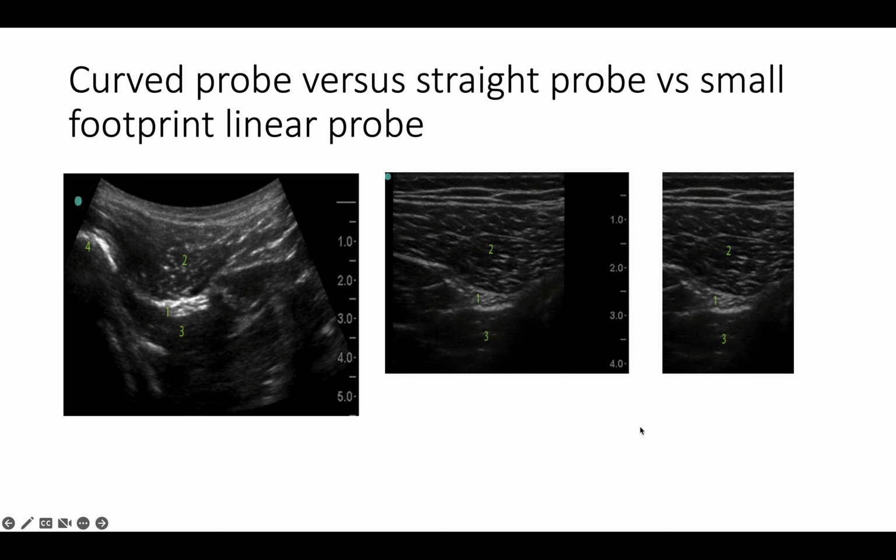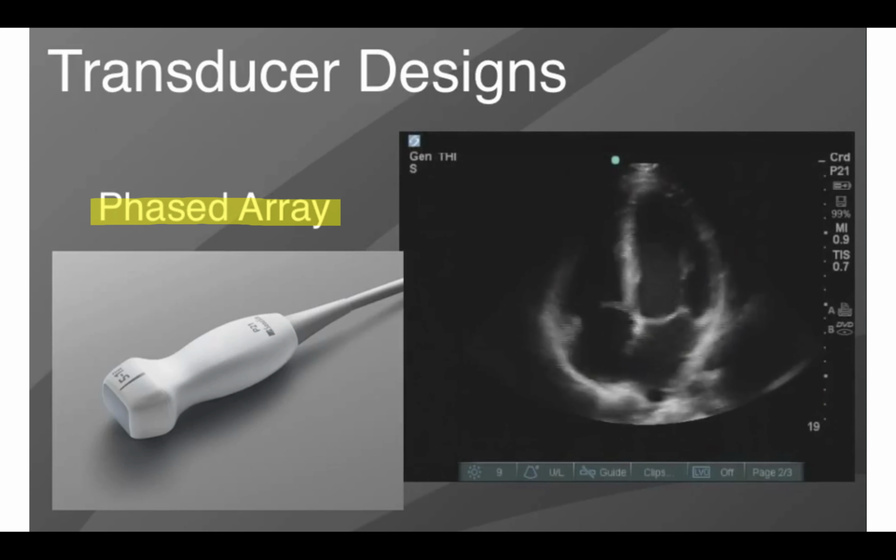So this is an example of an image from a curved transducer. It's a nice big panoramic image. This is our standard linear transducer, and this is our small footprint linear transducer. There's application for all three types.